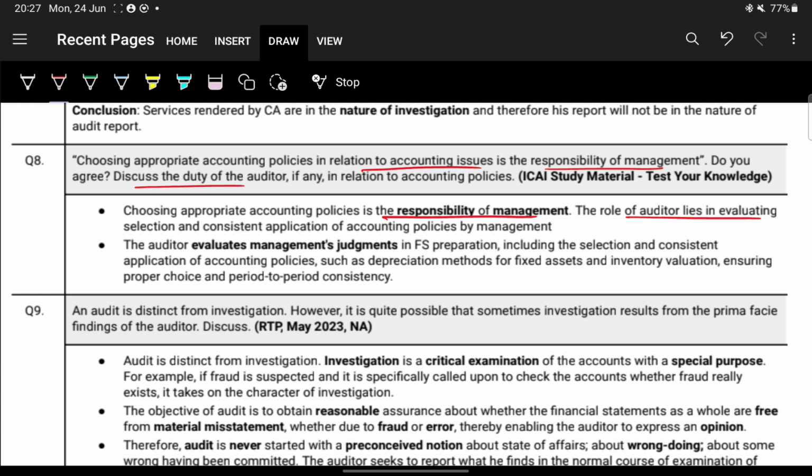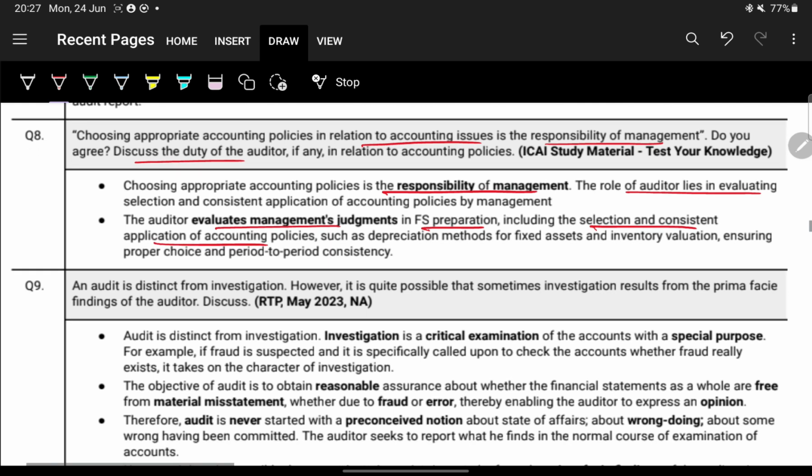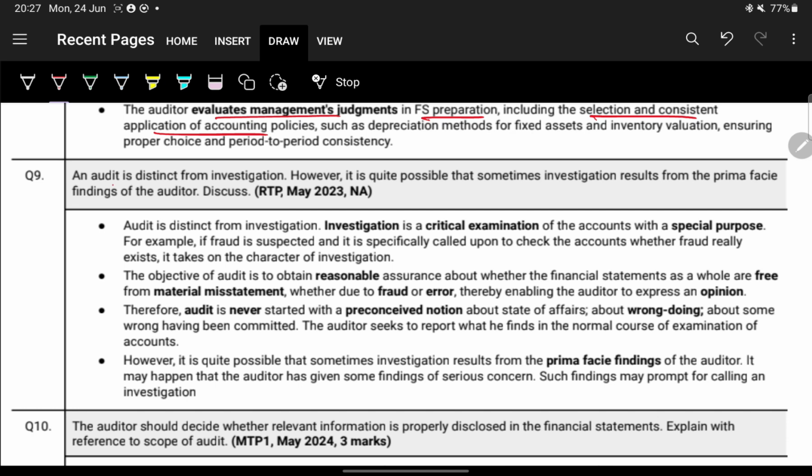He only evaluates whether the management's judgment is correct in choosing that particular policy, and whether that policy has been applied consistently throughout the preparation of financial statements. Here the auditor evaluates management's judgment in the financial statements preparation, including selection and consistent application of the accounting policies.